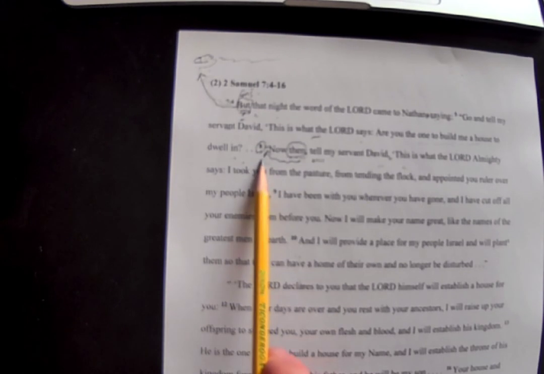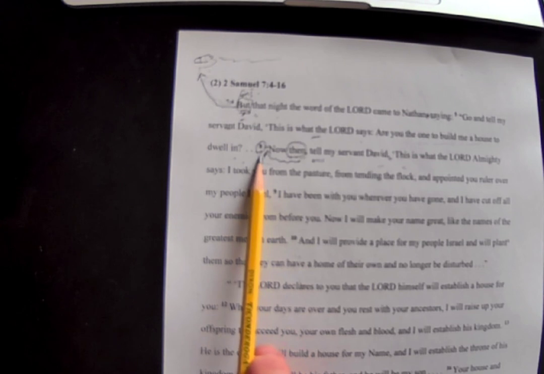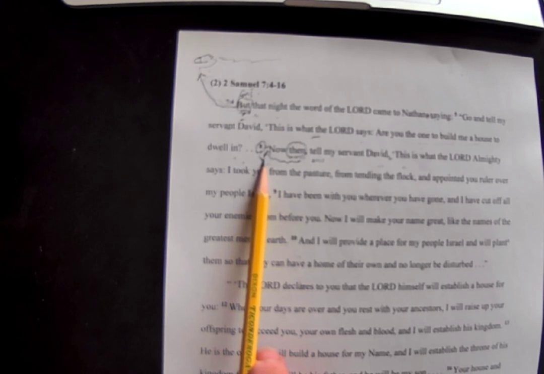sometimes the verse number comes in the middle of a sentence or of a couple of sentences. It sort of breaks up an idea into like two parts.